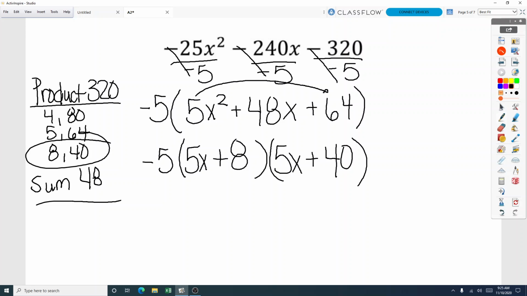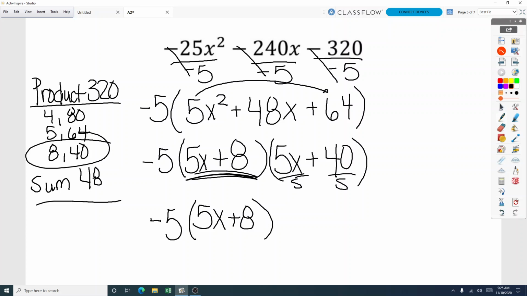Now remember, I'm not finished. I've got to carry stuff down. So my negative 5 comes down. This first one, there's nothing in common, so it's going to stay. In my second one, looks like I've got a 5 that can come out.